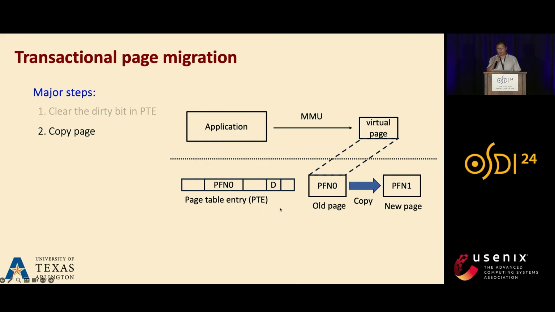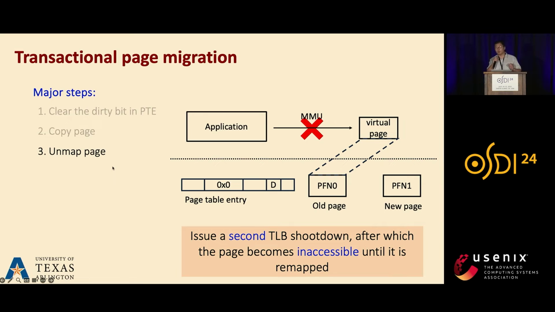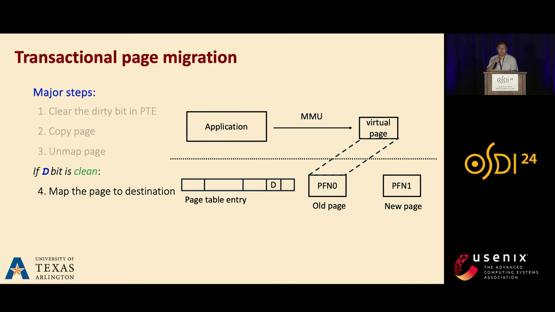Second, TPM copies the content of the page to the destination fast memory. Third, after the page copying is completed, TPM unmaps the page from the page table and issues another TLB shootdown. After that, the page becomes inaccessible until it's remapped. Next, TPM checks if the dirty bit is clean.